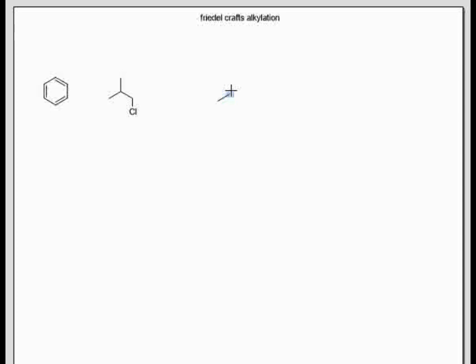Here we have Al and three Cl bonds. These two will react to form AlCl4.